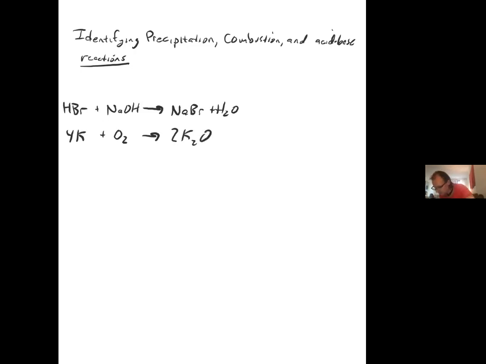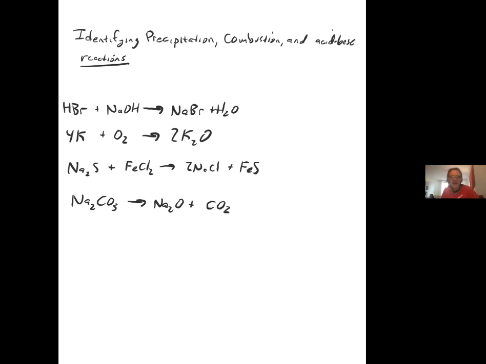And the third one is Na2S plus FeCl2 goes to 2NaCl plus FeS. And then the last one is Na2CO3 goes to Na2O plus CO2. Okay, and then you have some possibilities.